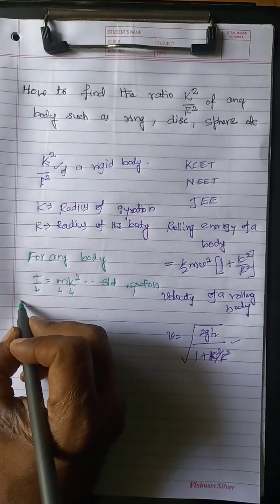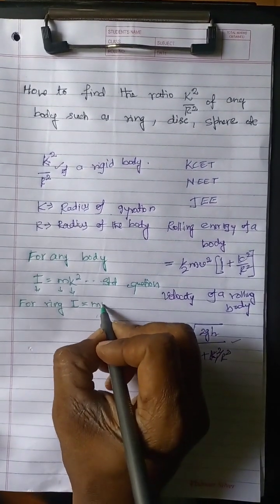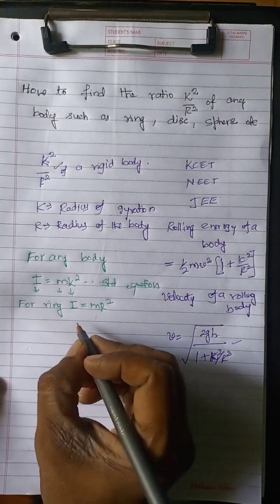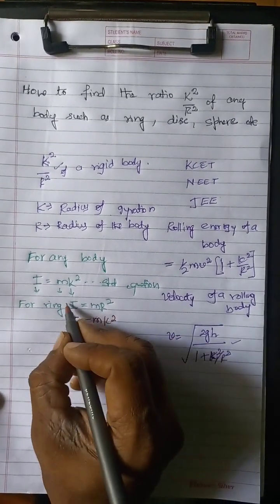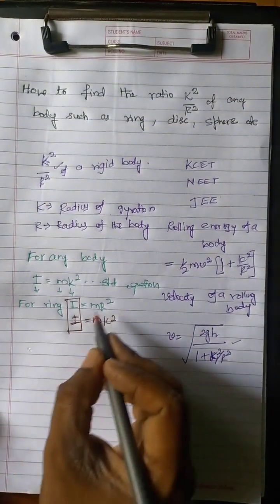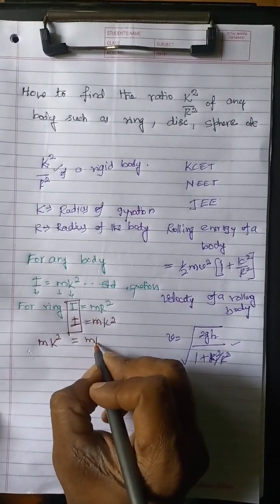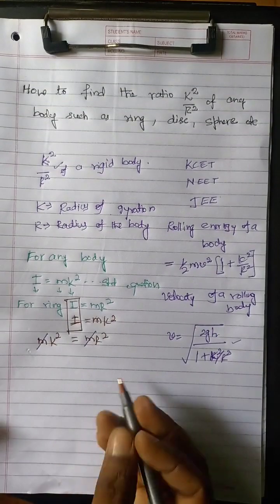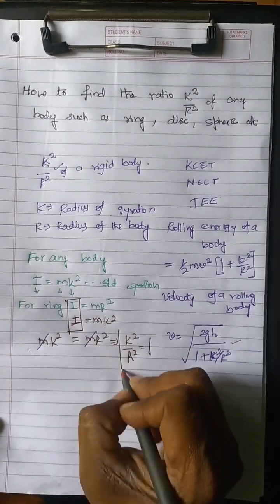For a ring, I is equal to mr square. Left hand side is equal, so you can equate the right hand sides. mk square is equal to mr square. m is present on both sides, it will cancel. So k square by r square is equal to 1 for a ring.